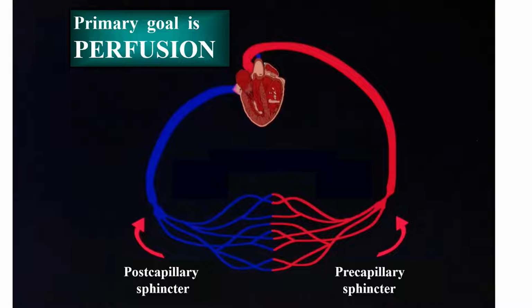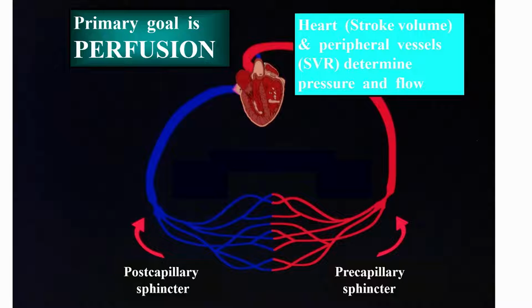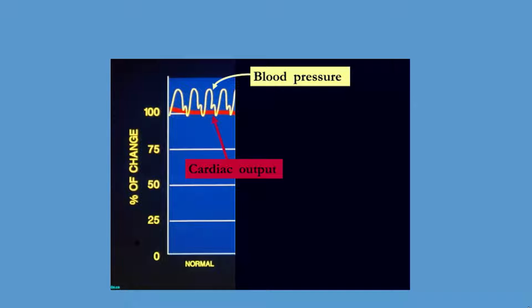And then on the microvascular level, what's happening is that you've got pre and post capillary sphincters across all tissue capillary beds. And these are constantly adjusting to try to maintain an adequate tissue pressure gradient across the tissue to maintain flow. And it's the stroke volume from the heart, the cardiac output, and the systemic vascular resistance of the vessels that regulate this pressure and flow. So as we look at the patient's blood pressure and cardiac output in early hypovolemic shock, they're able to compensate very well.